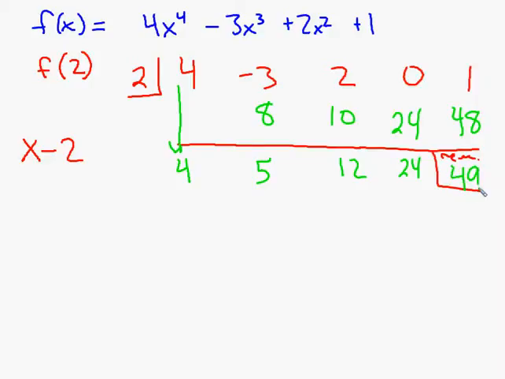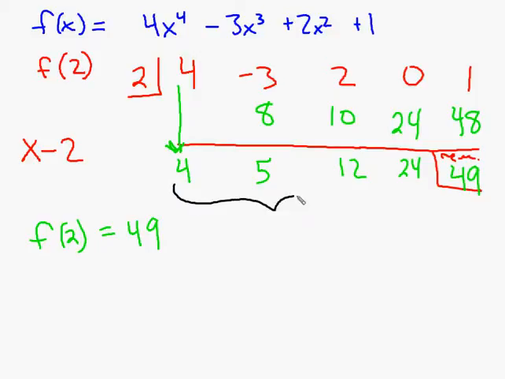Our remainder should be 49. So that means f of 2, if I put 2 into this, I get 49. This is by far faster than actually putting the 2 into here and doing all that work. Of course, if you're using a calculator, then it probably makes no difference to you. But there's other uses for this. So let's talk about the next use.